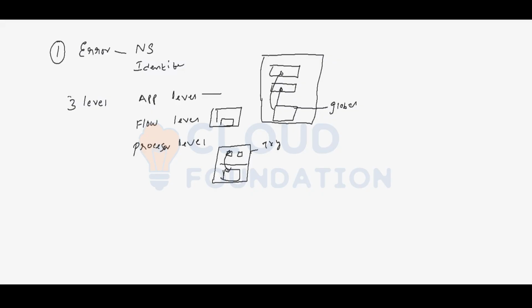But I forgot, how do you define the errors at application level? Sure, I'll show you right now. One moment. Because when you drag the listener, that is a flow level, isn't it? How do you do it at application level?